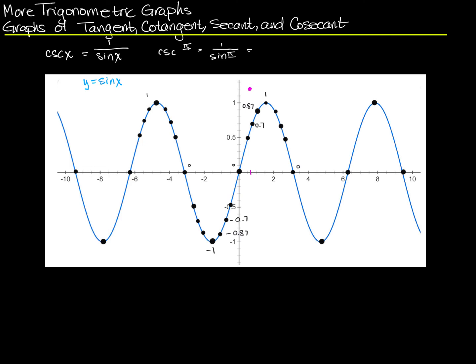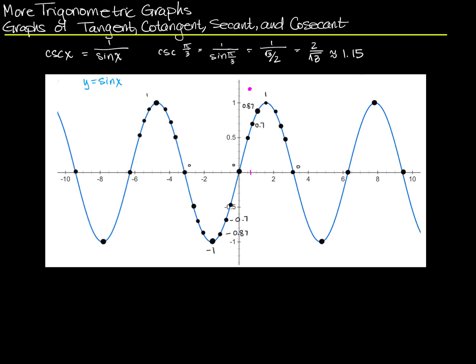The cosecant of pi over 3 is 1 over the sine of pi over 3. The sine of pi over 3 is the square root of 3 over 2. And the cosecant, therefore, is 1 over the square root of 3 over 2, which means the cosecant is 2 over the square root of 3. That is about 1.15, 1.154. So it's just over 1.